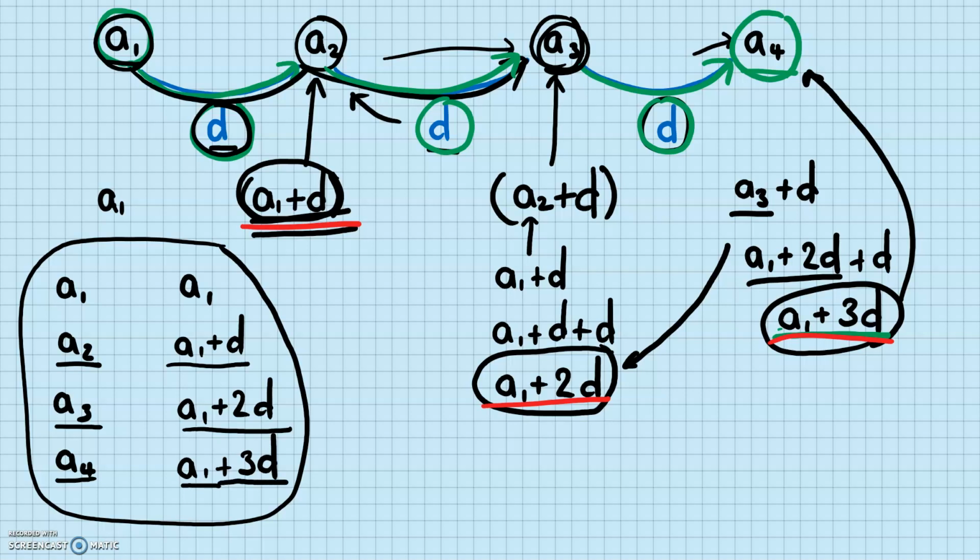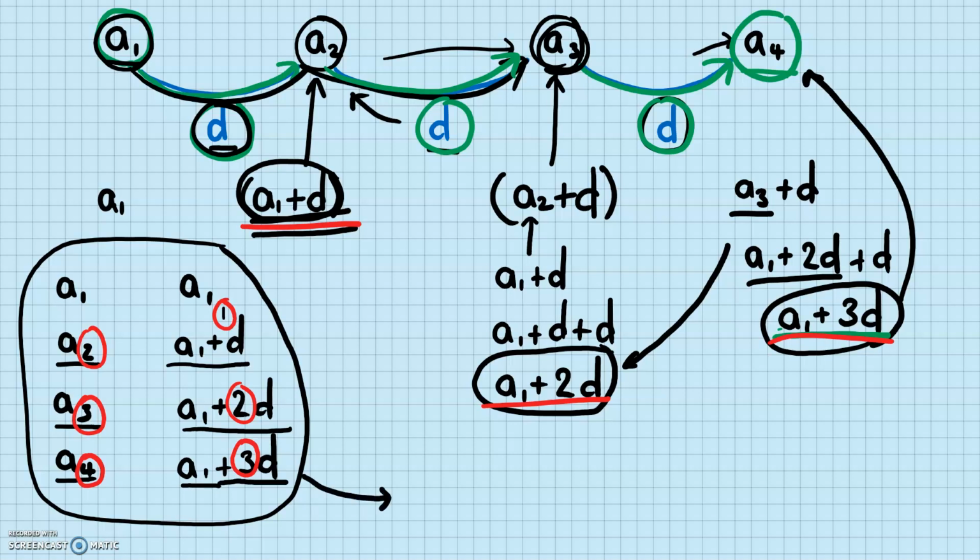So notice the number of times we're adding D to a sub 1. Here we've added D once. Here we've added D twice. Here we've added D 3 times. The number of times we add D to a sub 1 is 1 less than the term number.